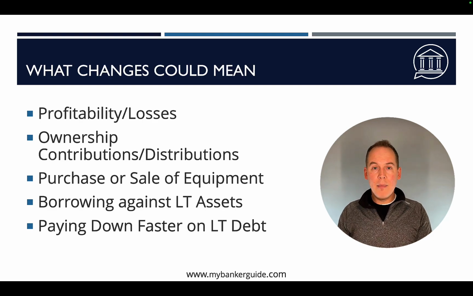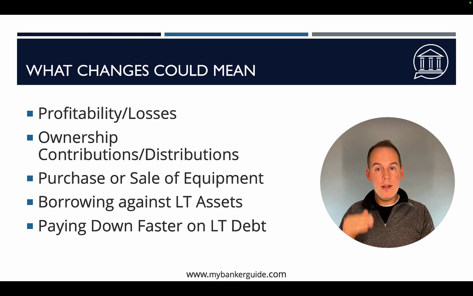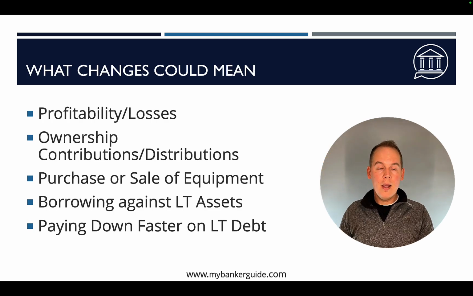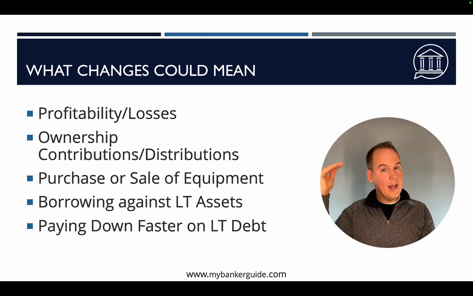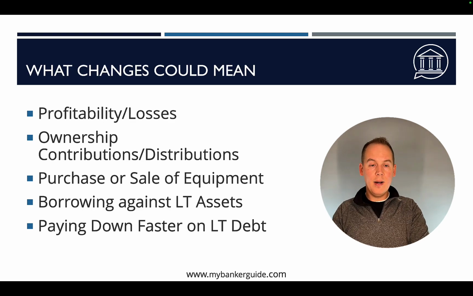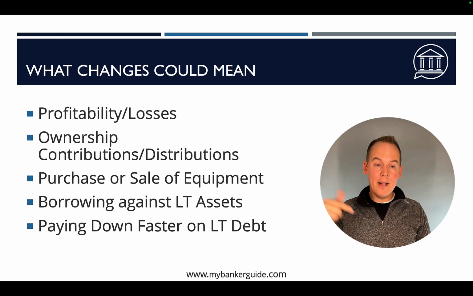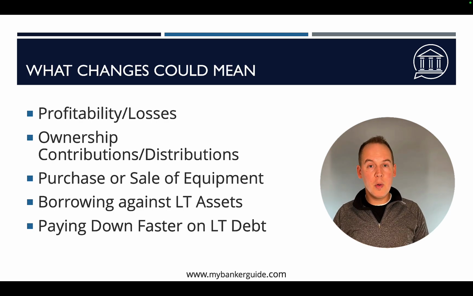So if that company is experiencing profitability, their cash and their current assets should be going up. If they are currently losing money, that cash and current assets and current liabilities will be going down. On the flip side, it can also be coming up or down for a variety of other reasons. So maybe they have an owner putting money in through an ownership contribution. That's going to cause your liquidity to go up.